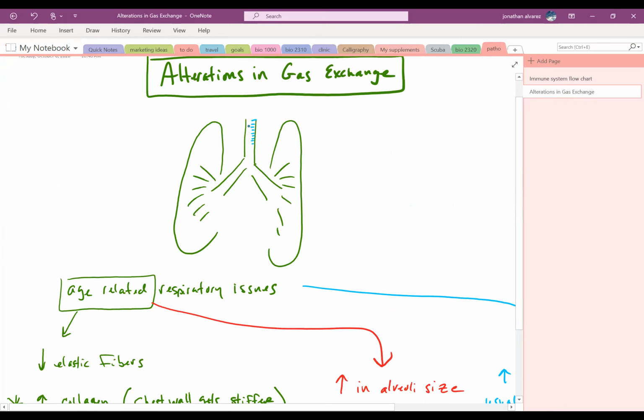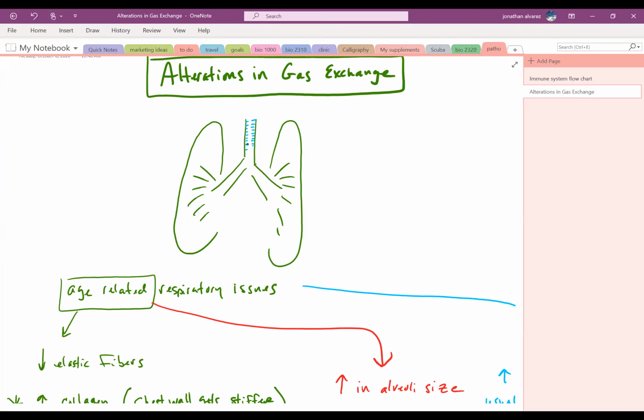These little hair-like projections, the cilia, line the airway, the trachea, because their job is to move particles away from the lung field. Okay.